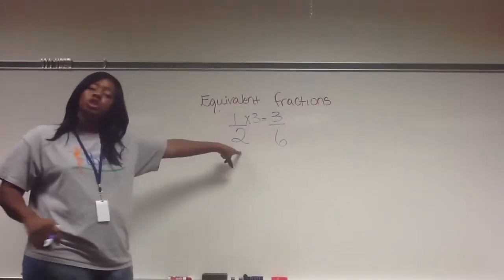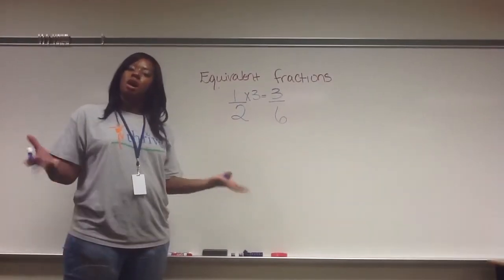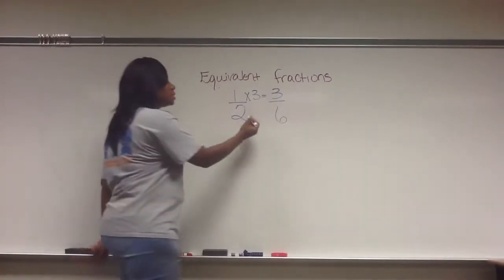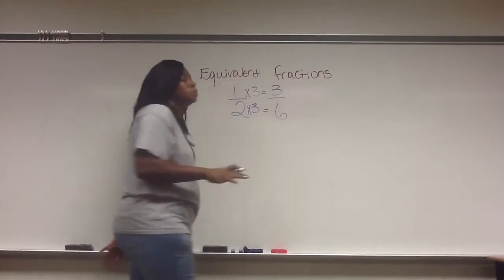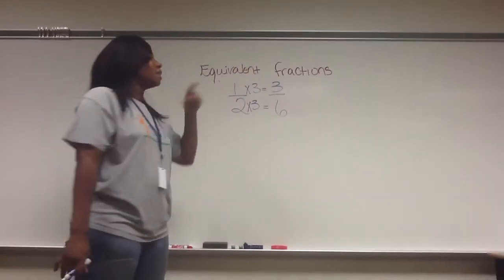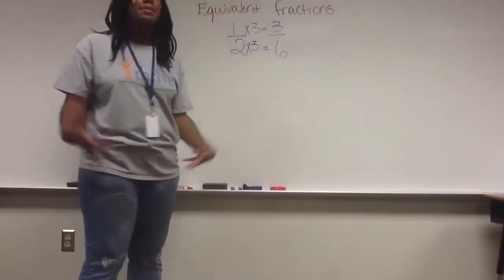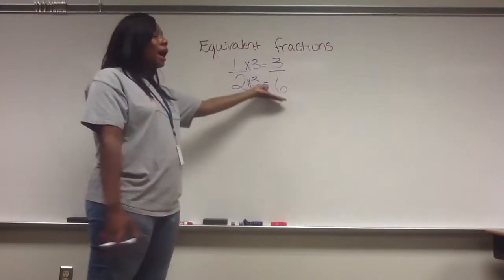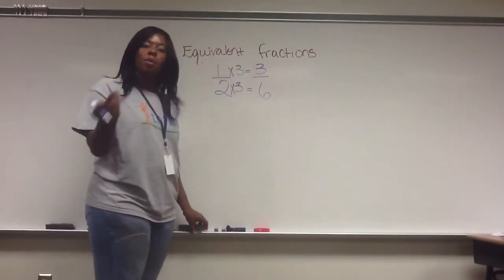What can you do to 2 to make it equal 6? Oh my, y'all are so smart. If you said times 3, you are correct. 2 times 3 does equal 6. So it looks like if I multiply the numerator and the denominator by the same number, I made an equivalent fraction. Okay, well let's see if that works again.